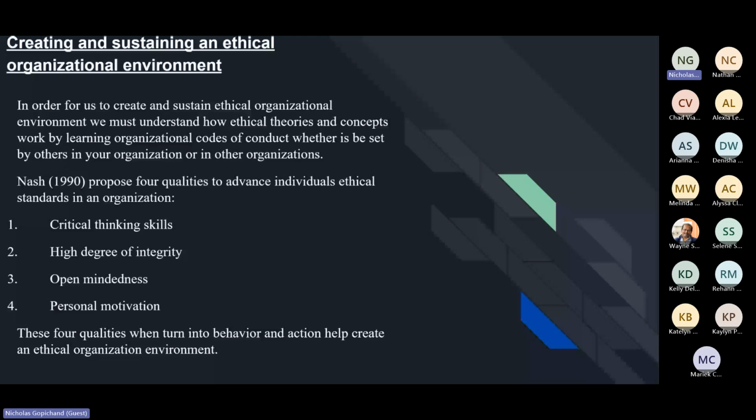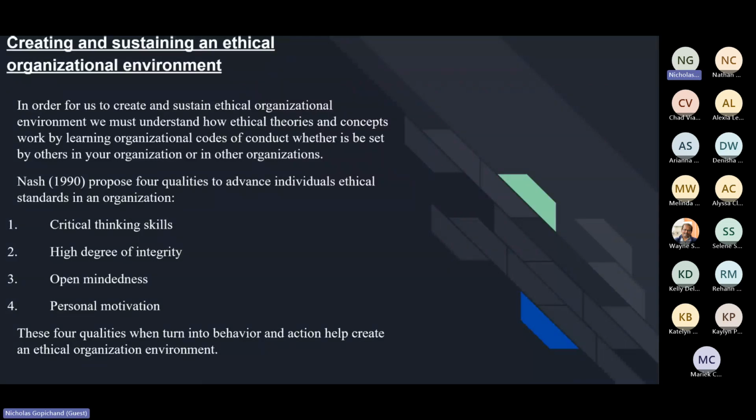We have here Nash 1990, who proposed 4 qualities to help us improve our ethical standards within an organization or group. Critical thinking skills, which allow us to analyze all the ethical components of a problem before making a decision.